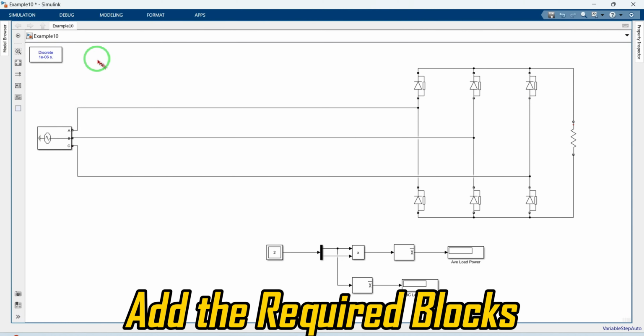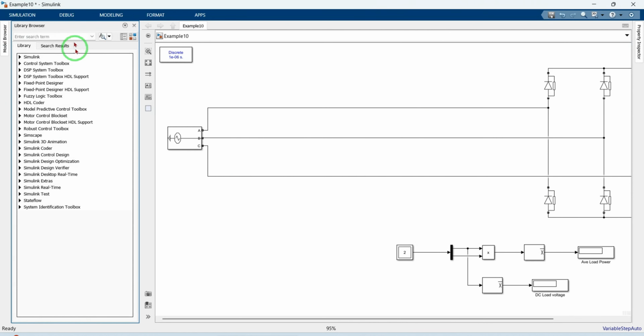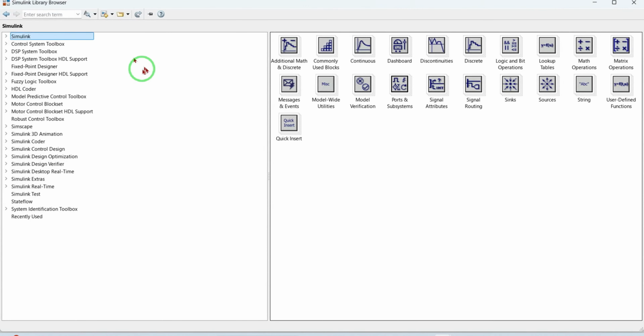Add the required blocks. Open the Simulink library browser, and then launch the standalone library browser.